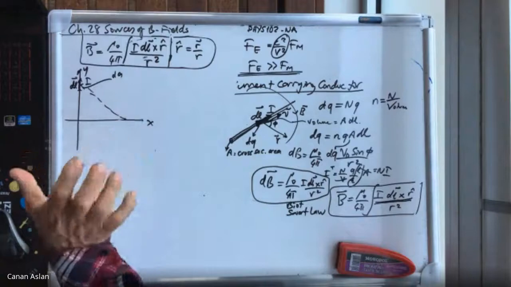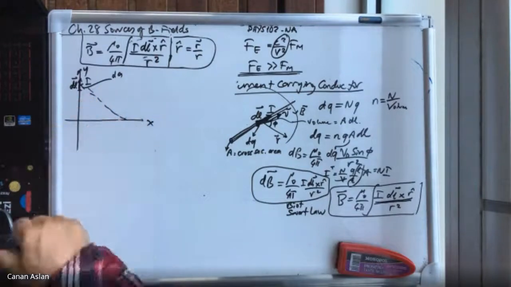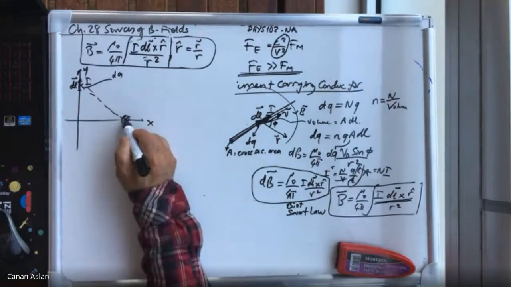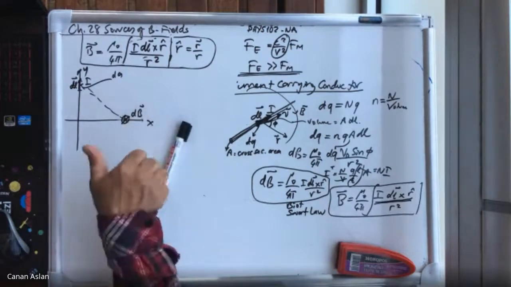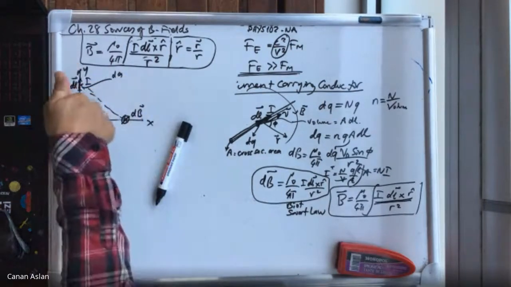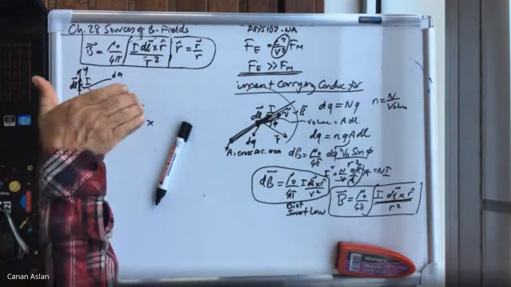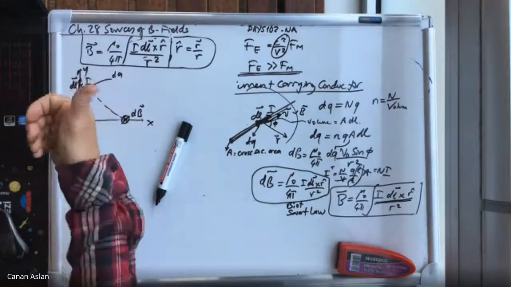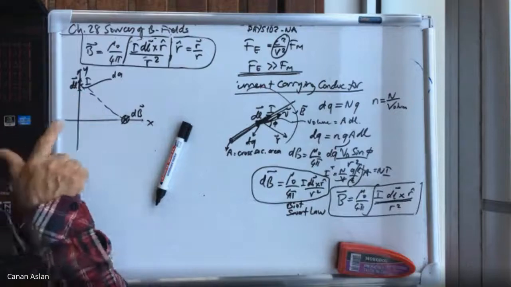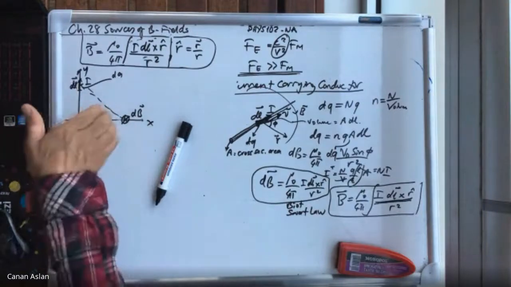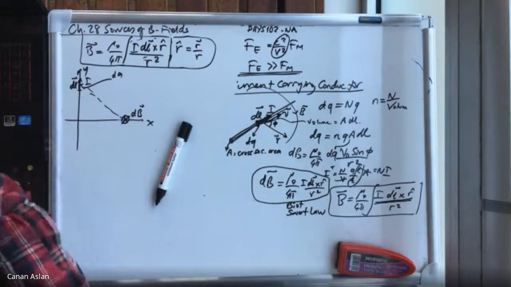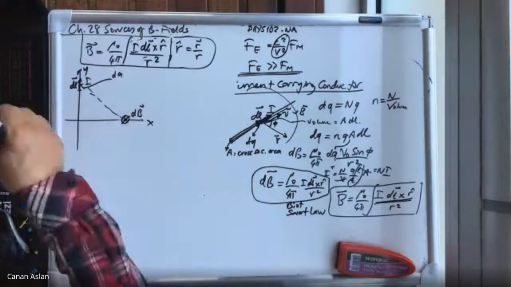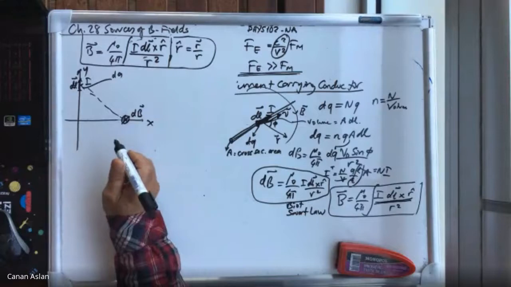Using the right-hand rule, it is probably into the page, so it will be dB. It's always using the right-hand rule. If you put your thumb in the direction of the current, the fingers show you the direction of the magnetic field. So on the right of this wire, as you see, the magnetic field is into the page, but on the left, it will be in the opposite direction, which is out of the page.